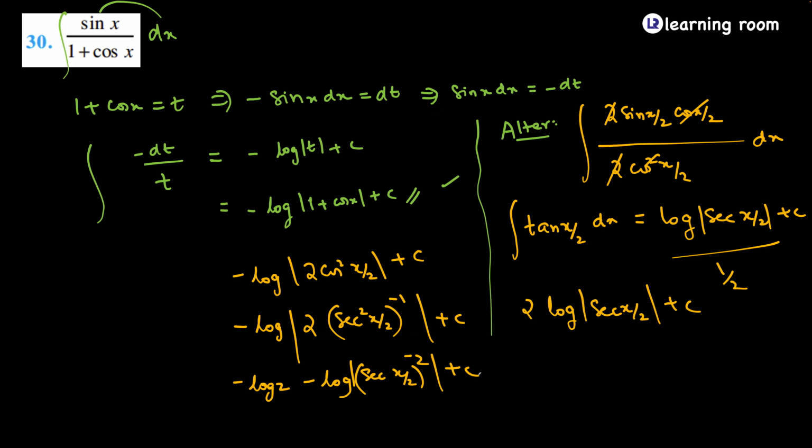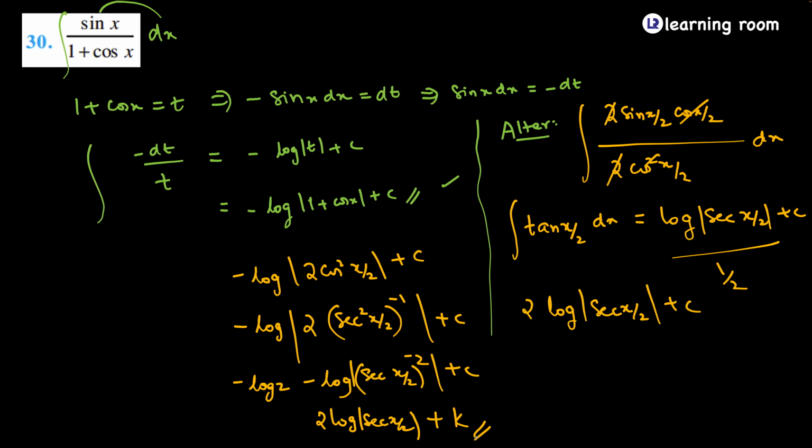So when this minus 2 comes here, it will come as a multiplication factor. So what will you have? You will have 2 log of secant x by 2 plus c. No. See, here also you have 2 log secant x by 2 plus c. But what about this one? This minus log 2 is a constant, because log of some number is a constant. So this number is fixed, and a fixed number plus a constant can be written as some other constant. You're able to understand. So both are same.